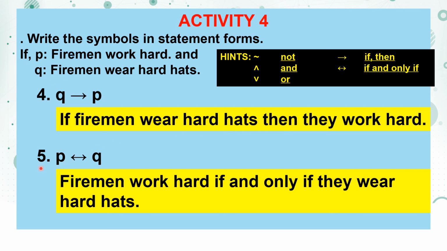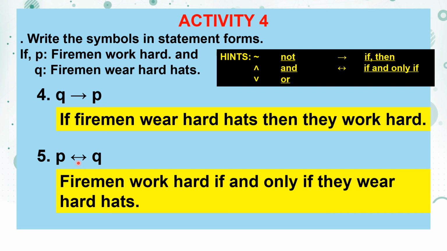And the last, number 5, we have this symbol. At yung keyword for this symbol is if and only if. So we read this as P, if and only if Q. So yung P natin is firemen work hard. So just copy firemen work hard.